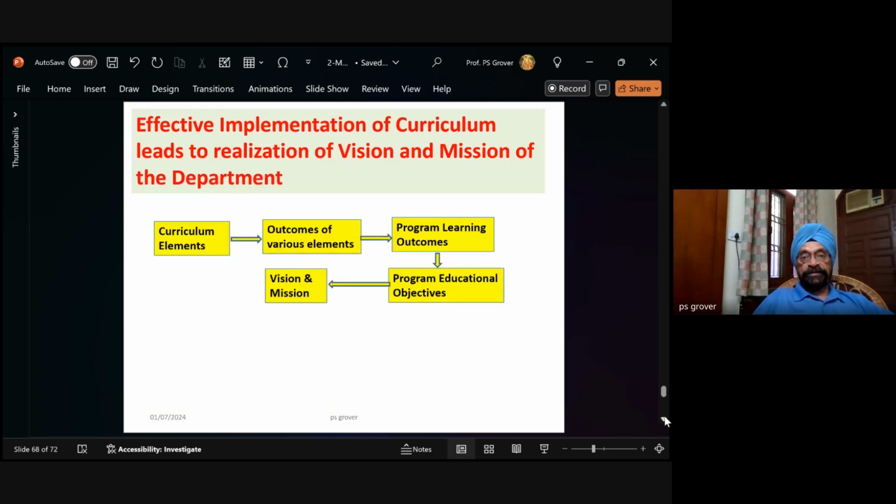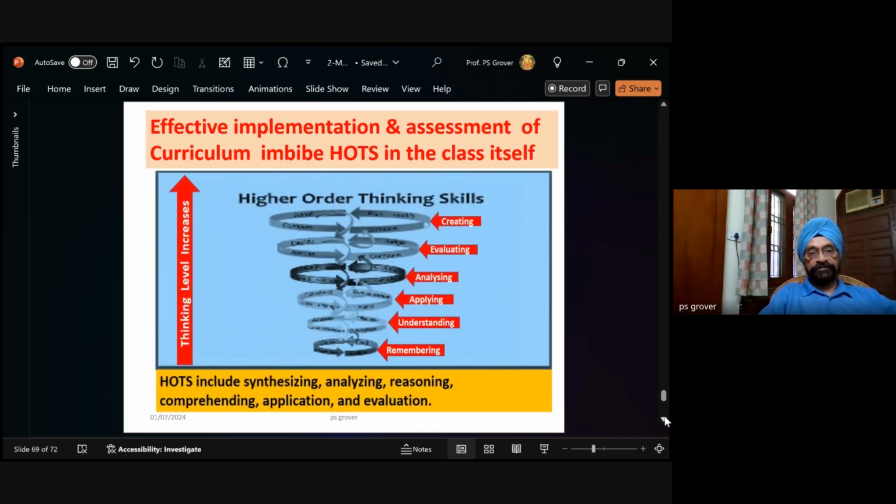So effective implementation of curriculum leads to realization of the vision and mission of the department. For example, curriculum elements, extracurricular activities, we have seminars, co-curricular activities. So the outcomes of various elements, program learning outcomes, lead to the vision and mission. That's how the curriculum enables us to achieve the vision and mission of the department at the institute.